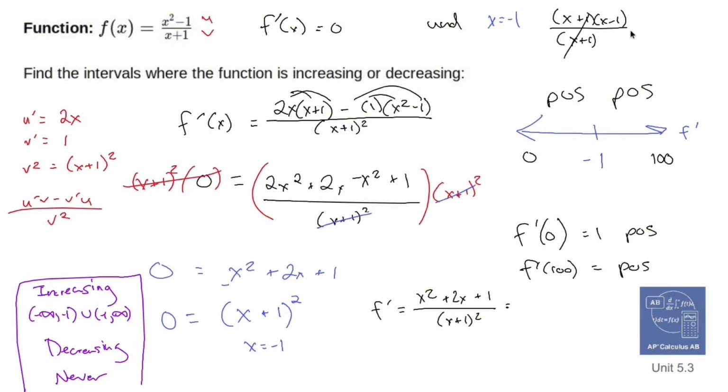That'll cross out, and so your slant asymptote is going to be y equals x minus 1. So you're going to have a picture with the slant asymptote that looks like this, and something that looks like that and something that looks like that, which means at no point will it ever be decreasing. So you got a little bonus stuff there, but yeah, that's how you do that problem. Kind of weird, kind of fun.